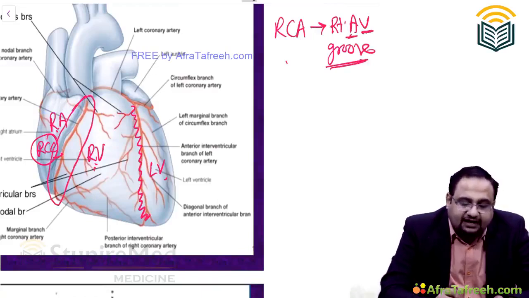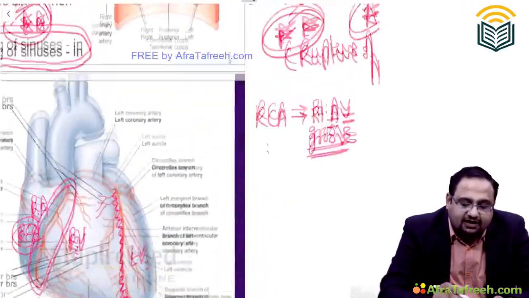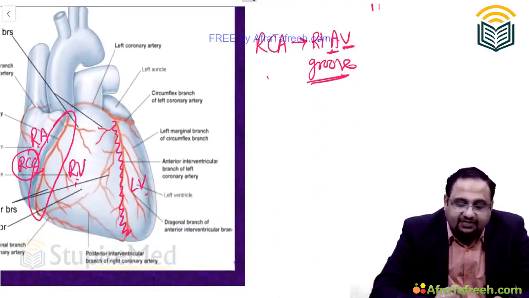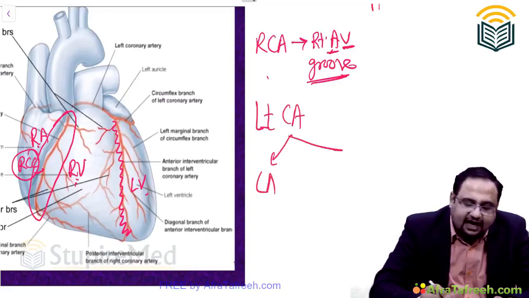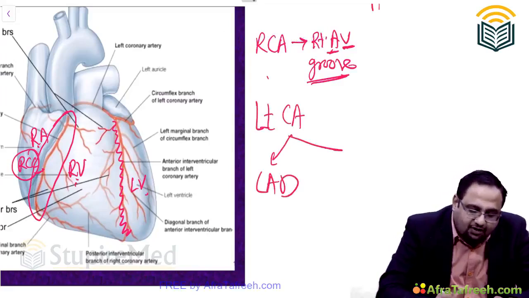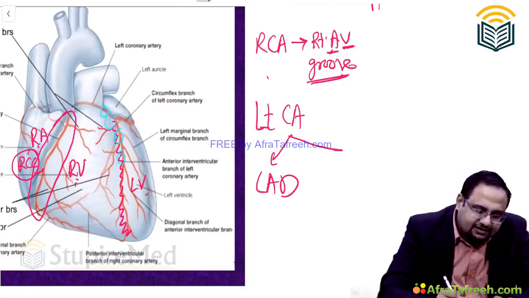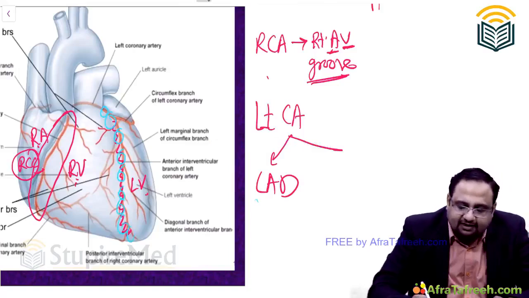The left coronary artery, which arises posterior to the left ventricle as shown here, will come posterior to the aorta and the pulmonary artery, and then will come out, and the left coronary artery will divide into two parts. The left anterior descending artery will go down across the interventricular septum.